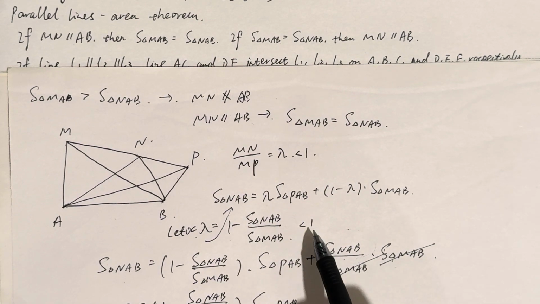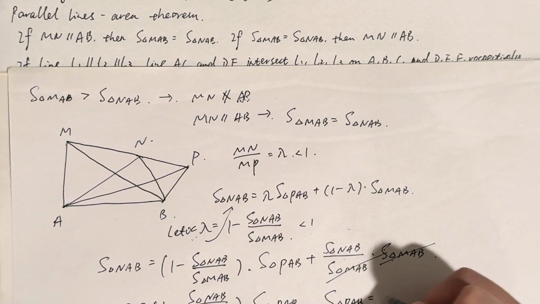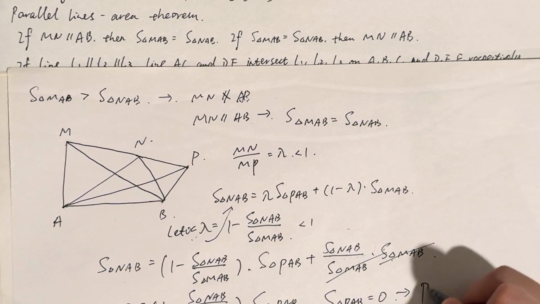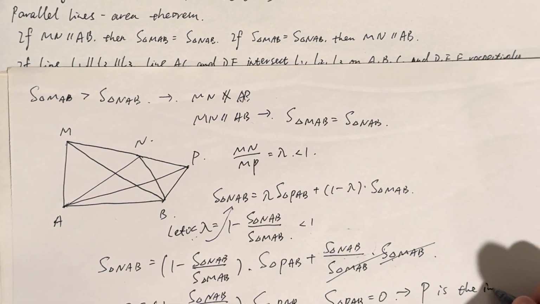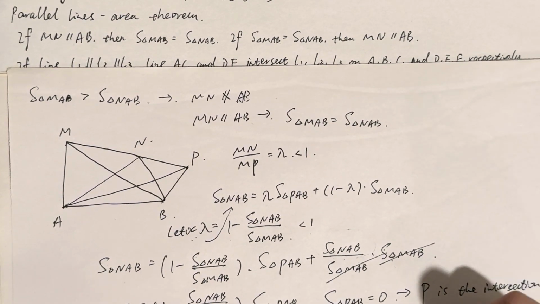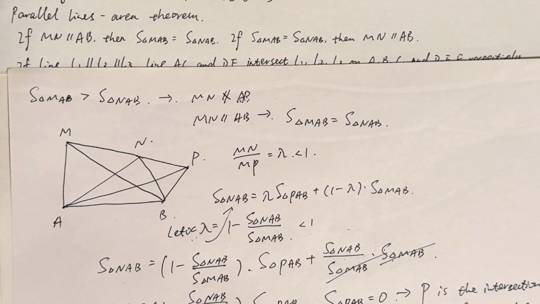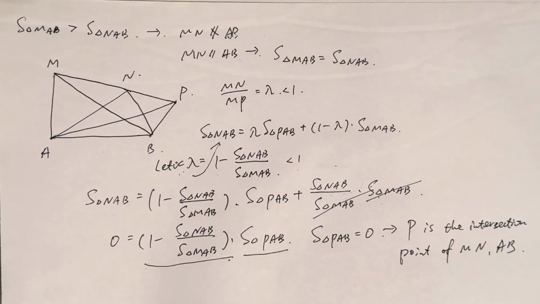And this is valid because this is lambda, less than 1 but larger than 0. So that means the area of triangle PAB equals 0, which means P is the intersection point of MN and AB, right?